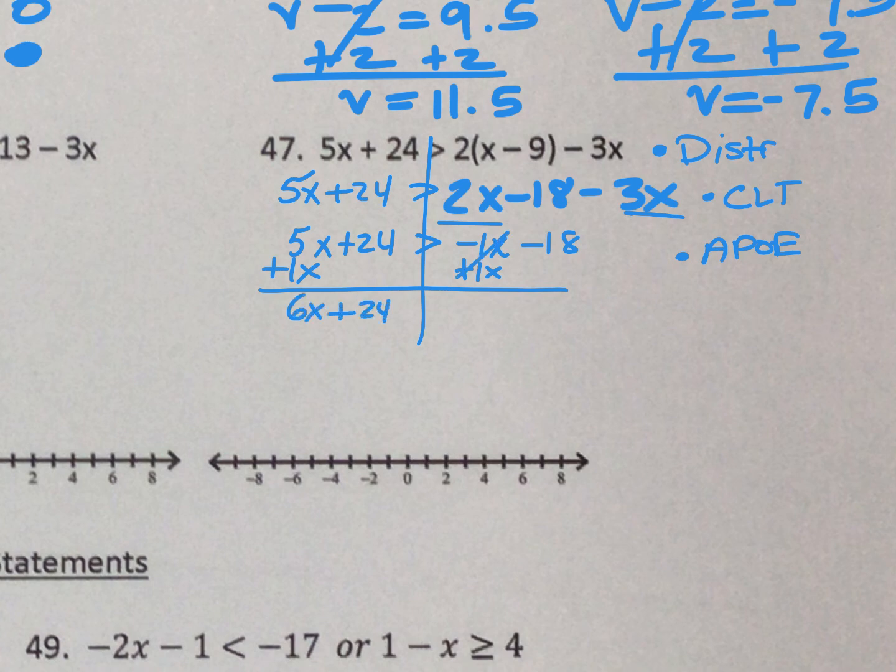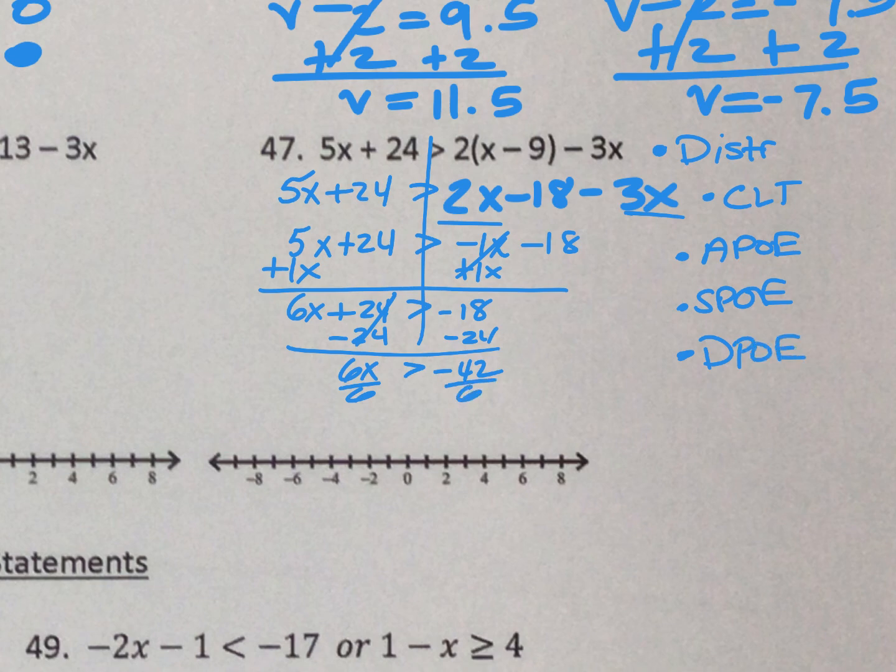6x plus 24 is greater than negative 18. Subtract the 24. 6x is greater than negative 42. Divide by 6.